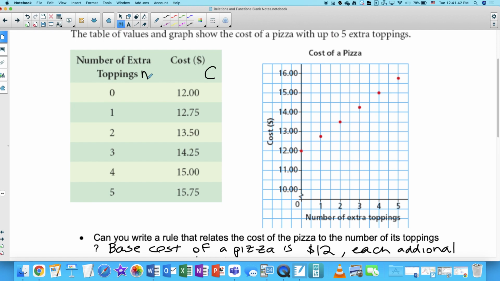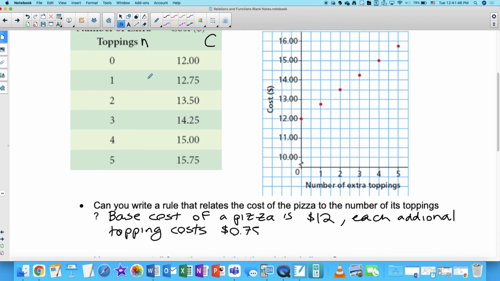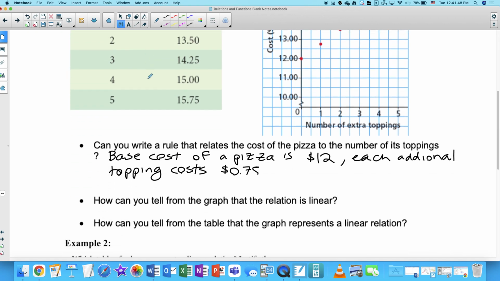Okay? So to figure out the cost of this pizza, we have to start with $12, and then we have to add the cost of the toppings. Cost of the toppings is going to be 0.75 times the number of toppings that we have. So plus 0.75n.